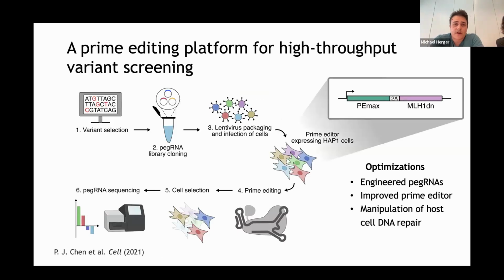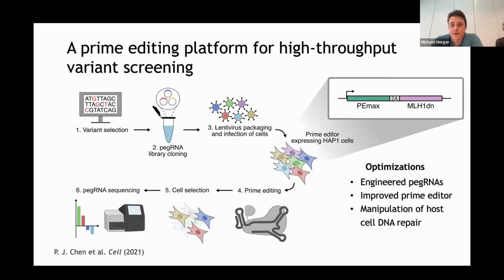For the host of our platform, we have chosen near haploid human cells called HAP1. These are widely used cell lines in functional genomics in general, but in high throughput screening especially. We reasoned that their haploid status would best facilitate both the editing as well as variant interpretation.